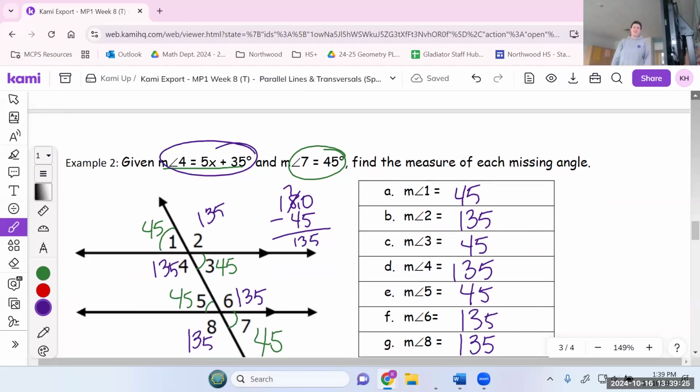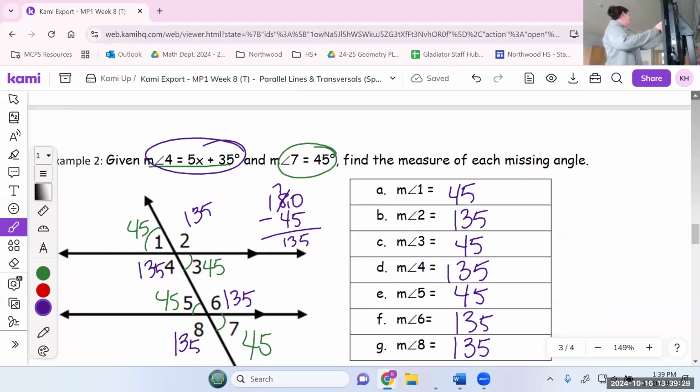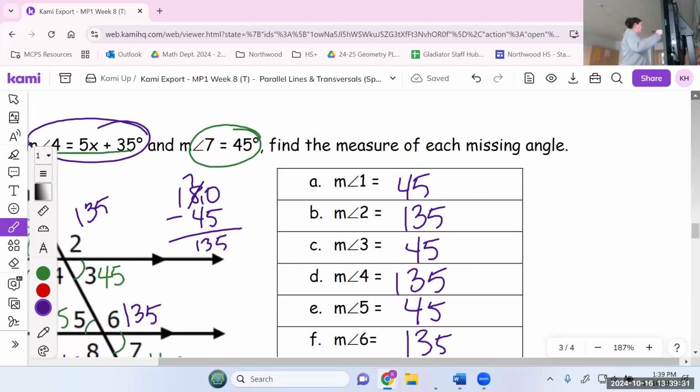Now, you've got a couple things, right? I can set up a couple of equations. Do the one that makes you happiest. I could either say that those two angles add up to 180, right? We have 5x and 35, which I'm pulling just from here, and 45. I know that those are supplementary.